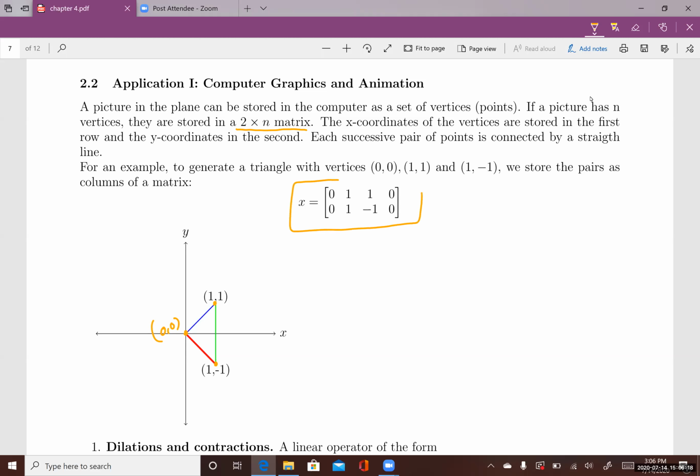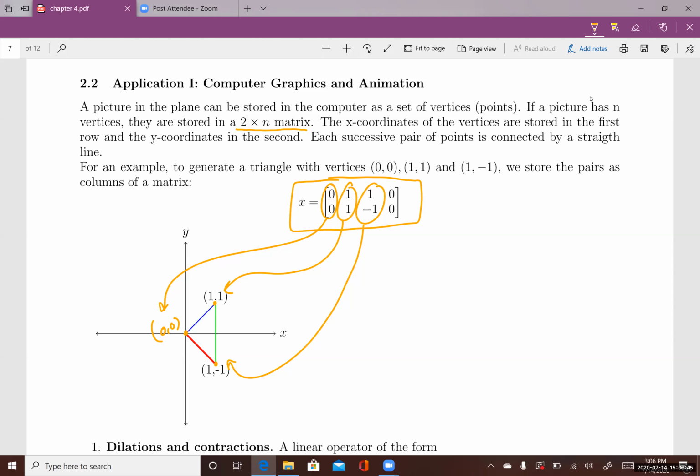We come up with this matrix. This is a 2xn matrix, 2 rows and n columns. So 2 rows means each of the column vectors in this matrix represents the xy coordinate for a vertex. So 1, 1 is here, 1, -1 is here, right?